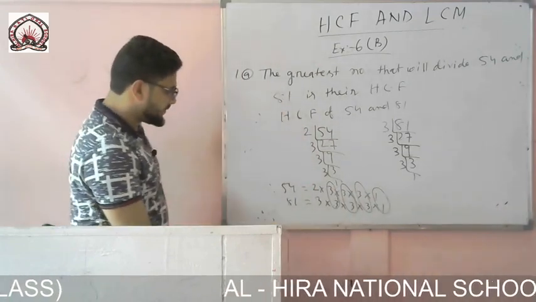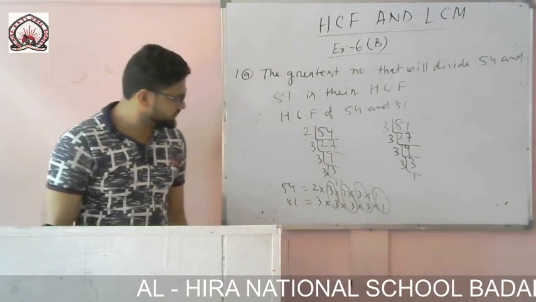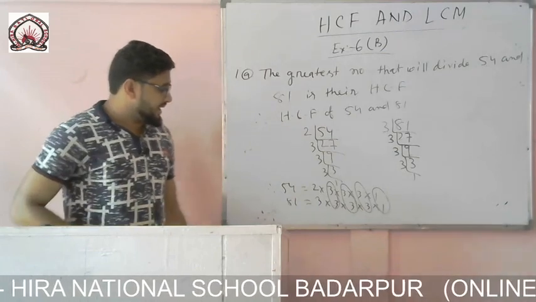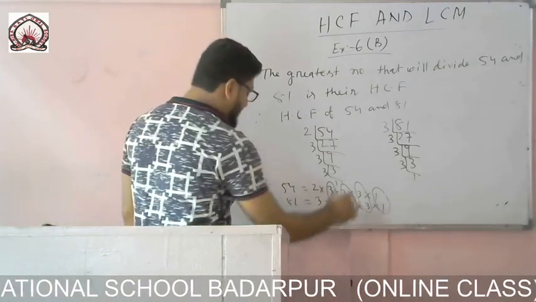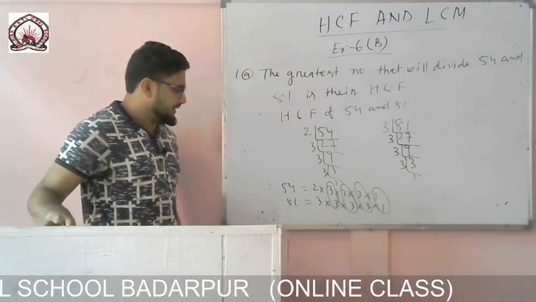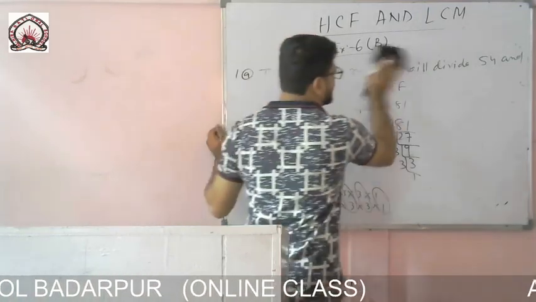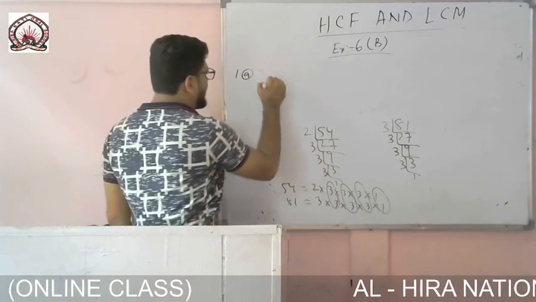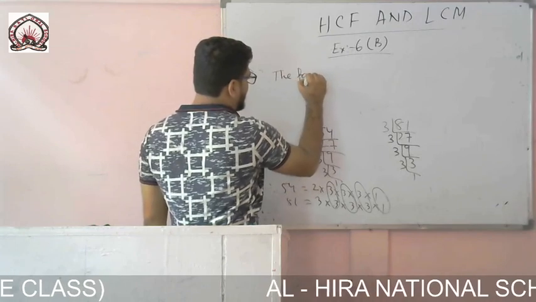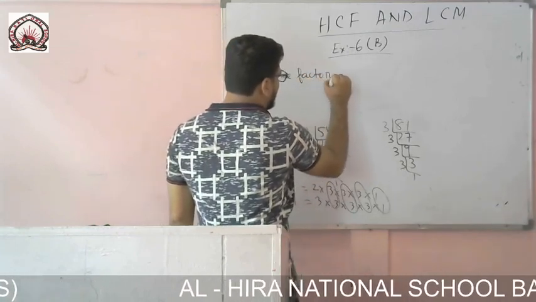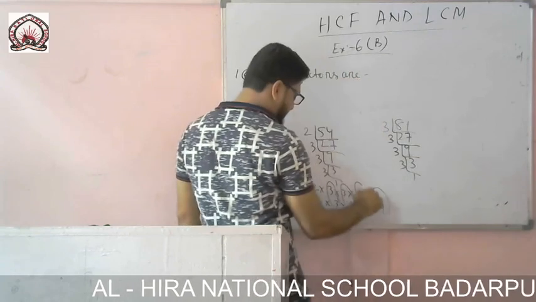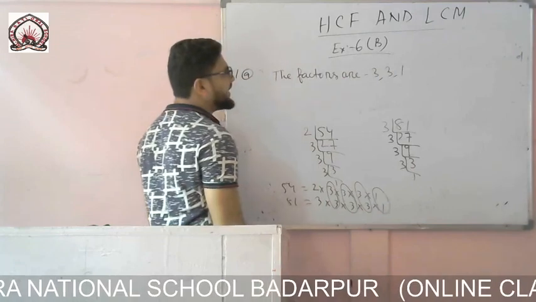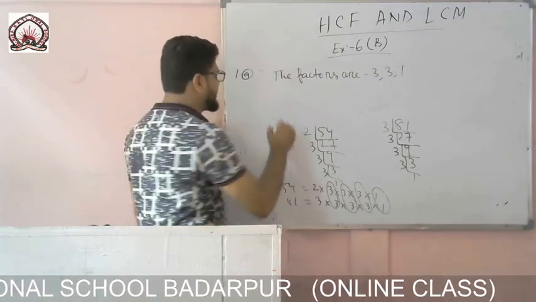Okay. Now write the factors are 3, 3, 3, 1. Okay. Now write grouping the factors.